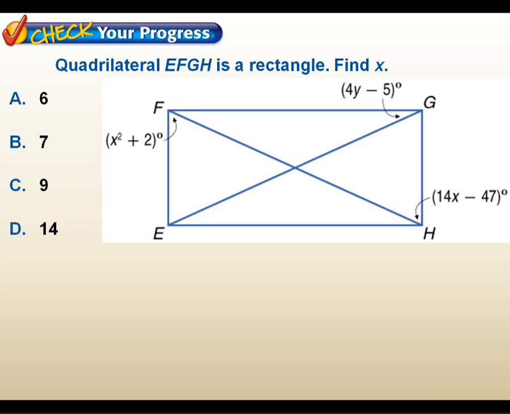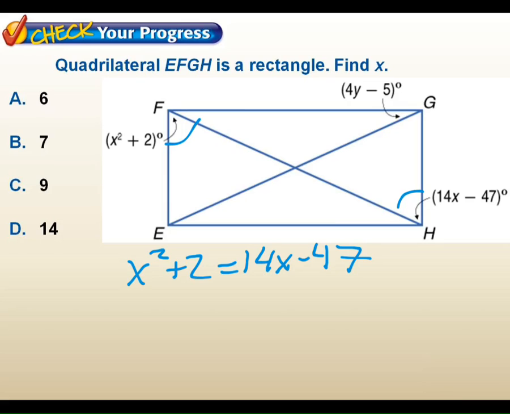We may want to talk about this one, though, because this may come up since this has an x squared variable. Again, those are alternate interior angles, so those are equal to each other. So we would need to solve this for x, which, since it's a quadratic, I have an x squared and also a variable of the first power.